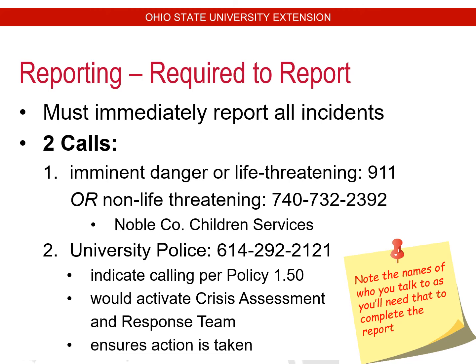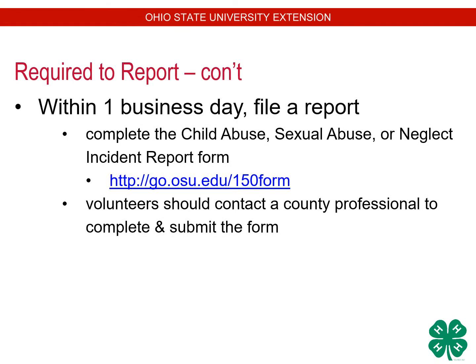When you make that call, you're going to indicate that you are a 4-H volunteer and that you're calling per policy 1.50. What this does is it activates the crisis assessment and response team at Ohio State University, and it ensures that action is being taken by the Noble County Children's Services and that this child will not fall through the cracks. You're required to report within 1 business day.